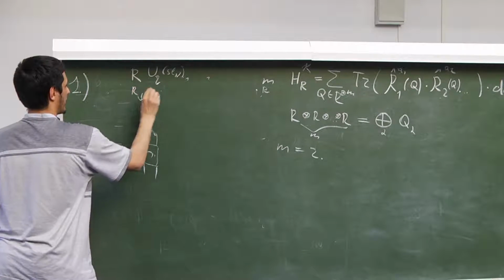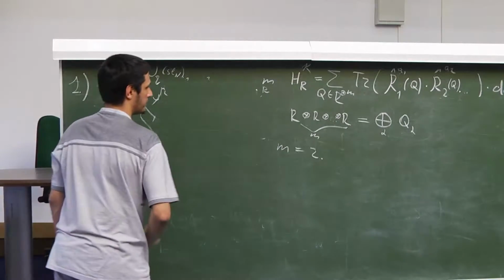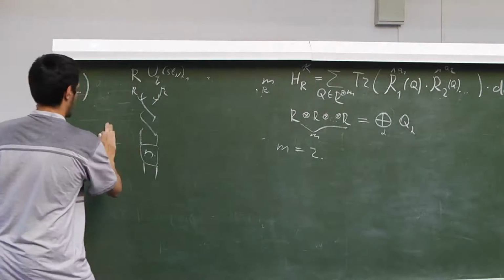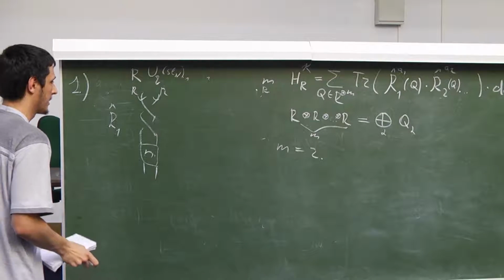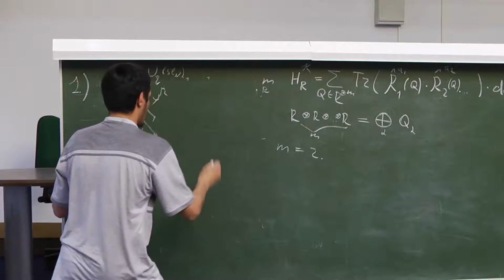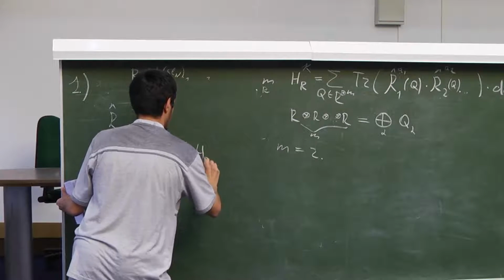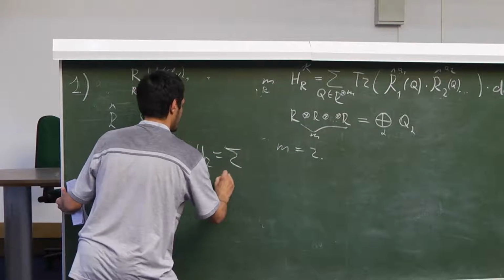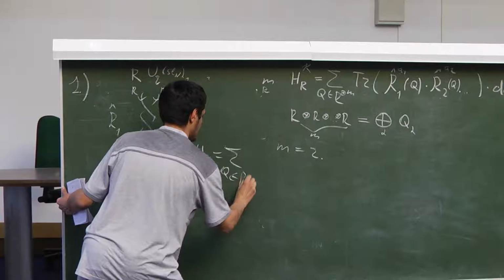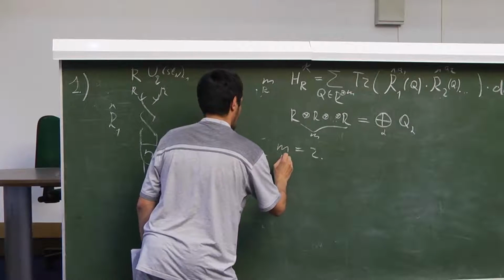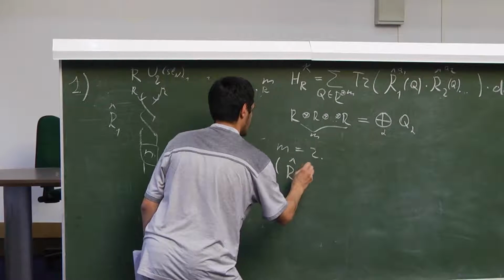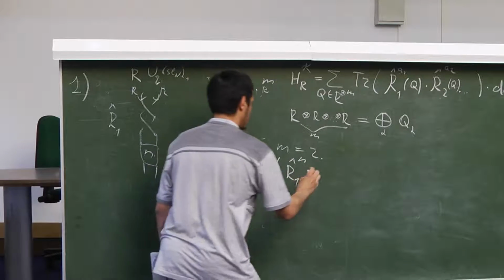I associate two representations R, and I have only one R matrix, R1. So my formula takes the following form, with R1 in some power n.